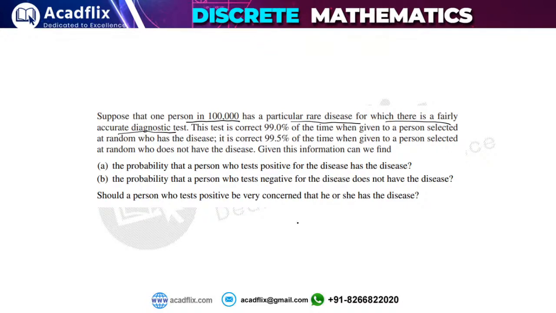If you have corona, let's assume you have corona, and you go for testing, then 99% of the time this test will give the correct answer. Basically this test will say that yes, you have the disease, but there is a 1% chance that it will say no, you don't have corona.